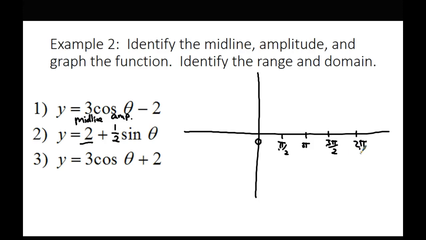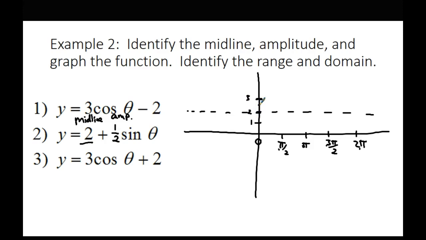We're going to plot our midline. My midline was 2, right? So I'm going to go up 2. Now I'm going to use my amplitude. Now my amplitude is a half. So if this is 1, this is 2, this is 3, then half is going to be right about here.